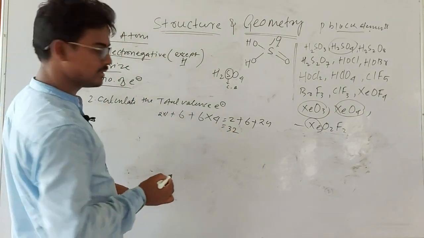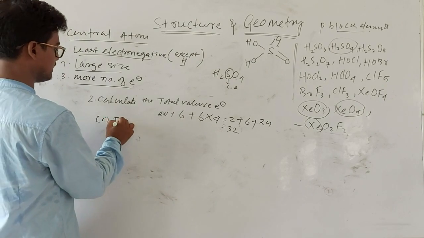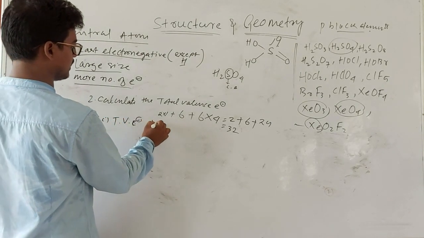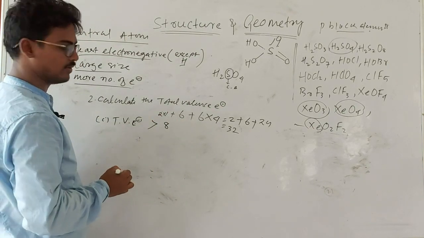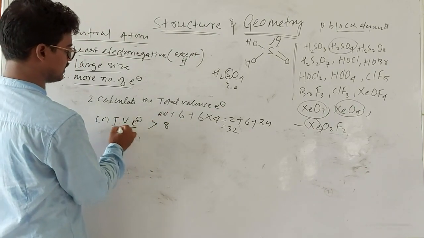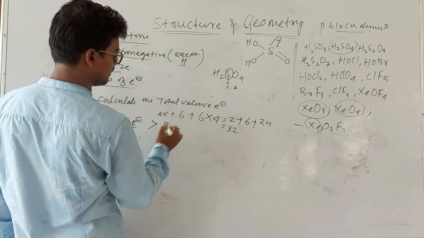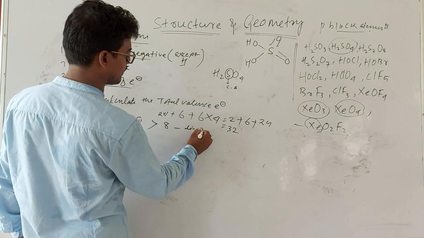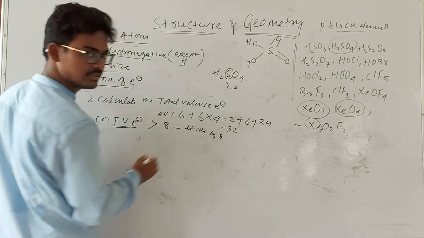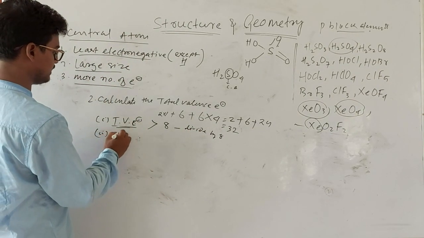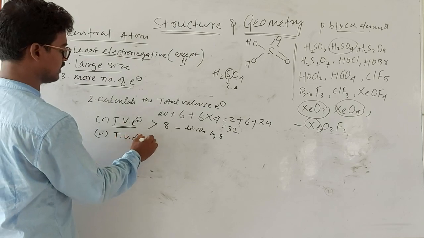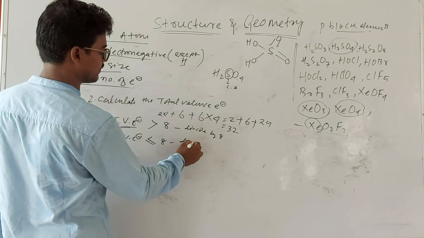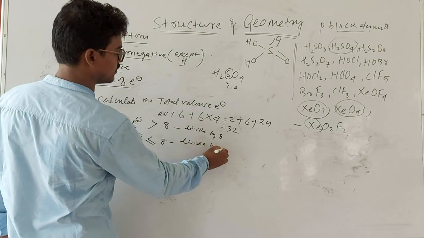Now the trick, remember this: if the total valence electron count is greater than 8, I have to divide the total valence electrons by 8. Second, if the total valence electron count is less than or equal to 8, I have to divide it by 2.